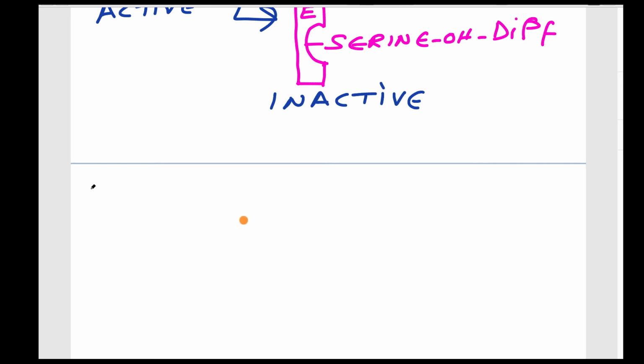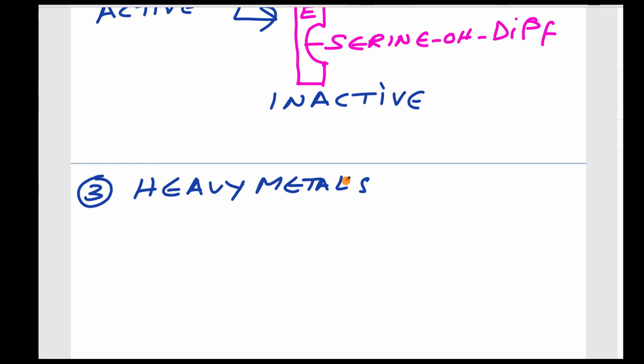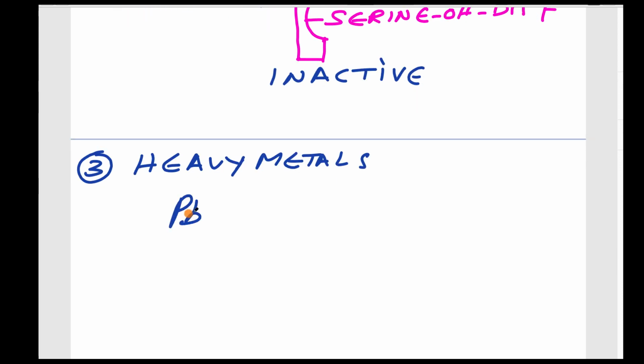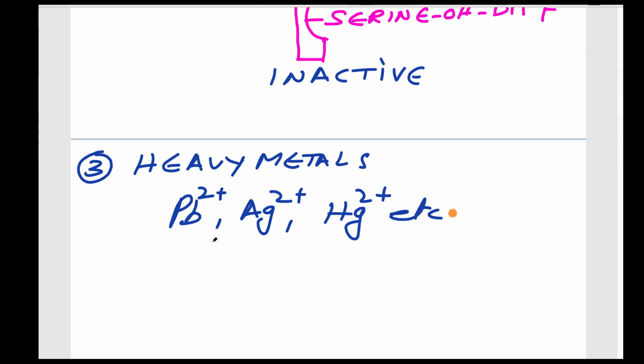The third one in this is heavy metals. Lead, then silver, then mercury. So there are SH groups present.